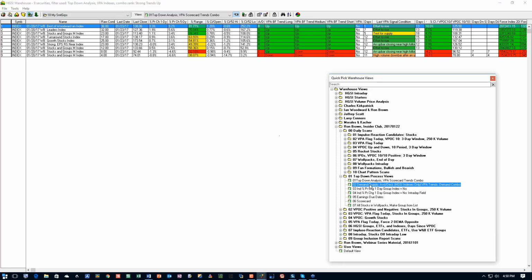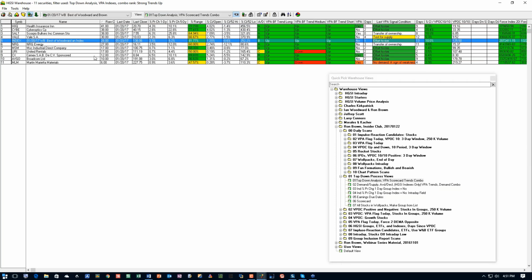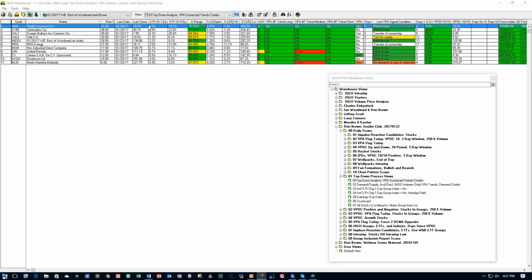The filter's intact, and what this does is, if you sort on raw combo, it's going to look for the smart groups that are in a strong trend up. Here's the best of Woodward and Brown as of Friday. You just change to the index group, and you can see what was in here. Now, here's HIIQ. This was an extended stock, and you can see what happened to it. Let me get a different chart here.